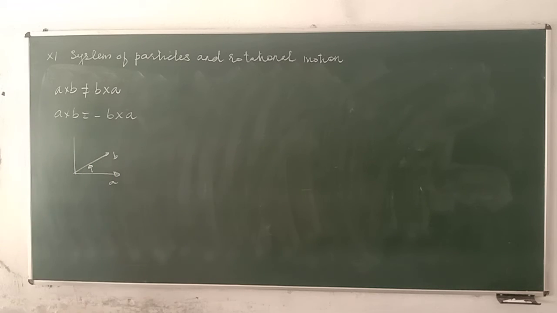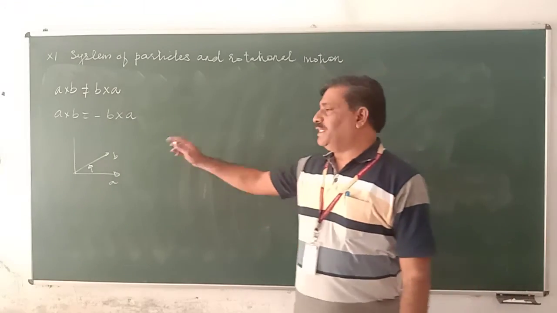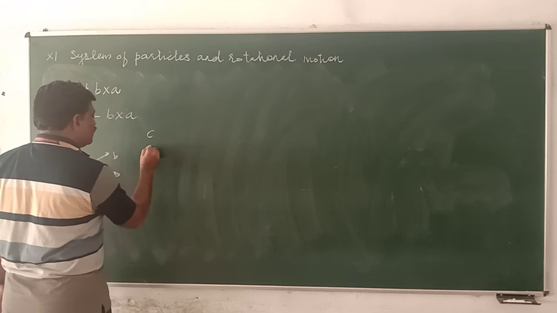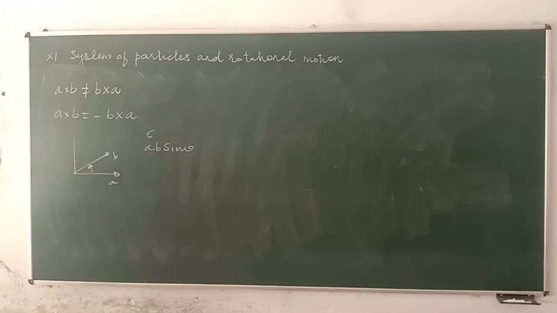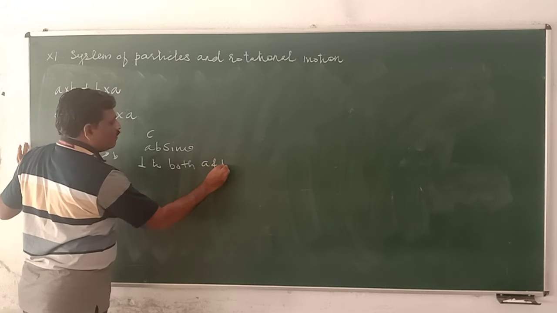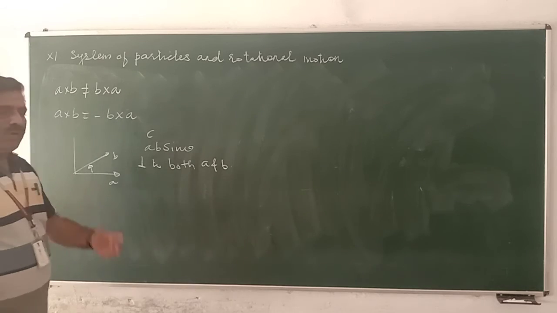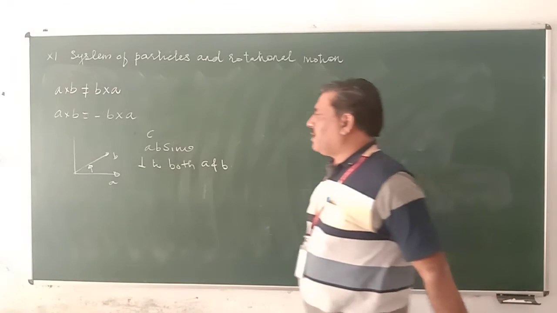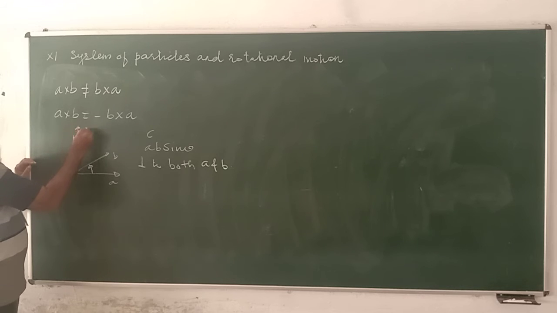Then A cross B is a vector C, having magnitude AB sin theta, and its direction is perpendicular to both A and B. In the sense that a right hand screw would advance when rotated from the first vector to the second vector, A to B, in the upward direction.